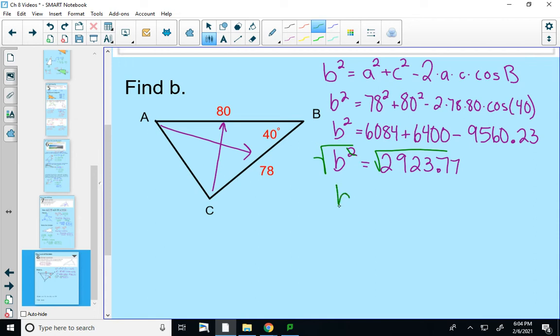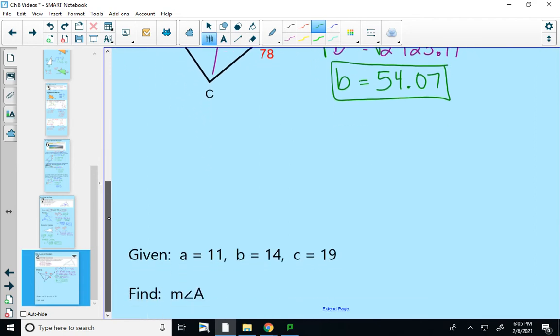So b is about 54.07, and we don't have a unit. So again, law of cosines, it's very doable. It's just typically some big numbers and some crazy algebra. So we try and avoid this, but if it's a last resort, you can use it to solve for missing sides. And you can also use it to solve for missing angles.